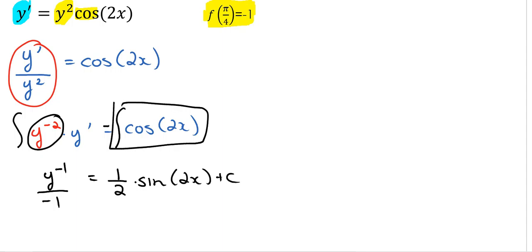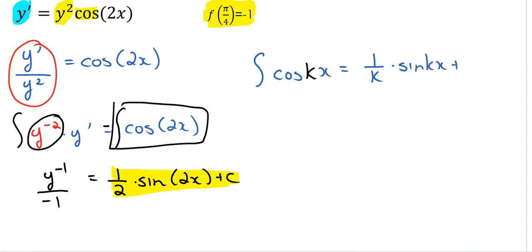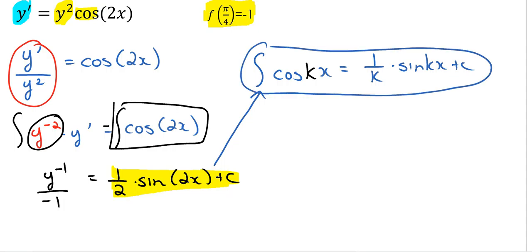If you're not 100% sure on how I got this, you can definitely resort to your formula sheet, because your formula sheet tells you the integral of cos kx is 1 over k times sine of kx plus c. So if you're not sure how I got this expression, just resort to your formula sheet, and there is the antiderivative of cos kx, in this case where k is 2.